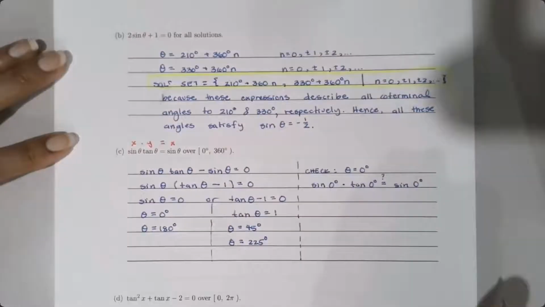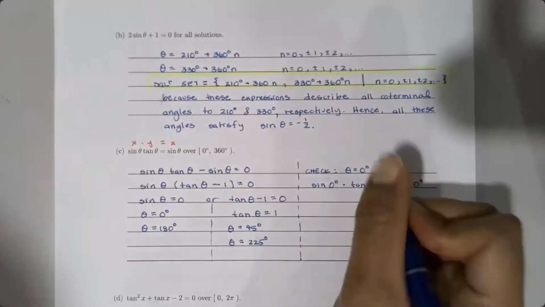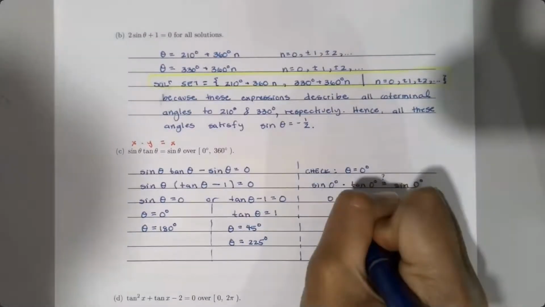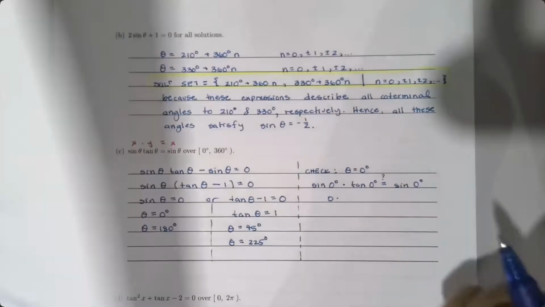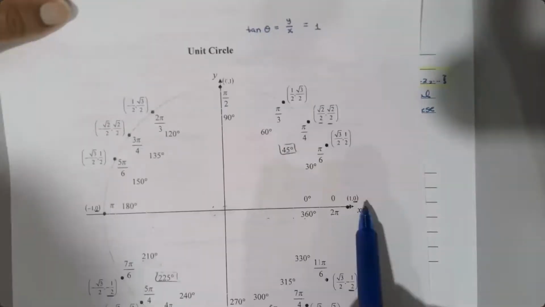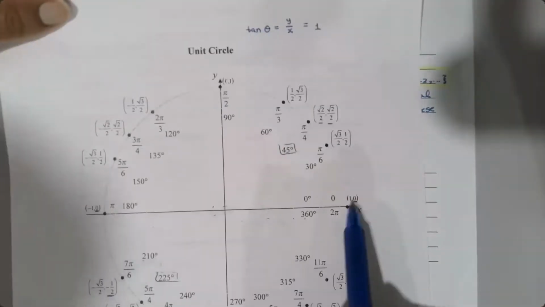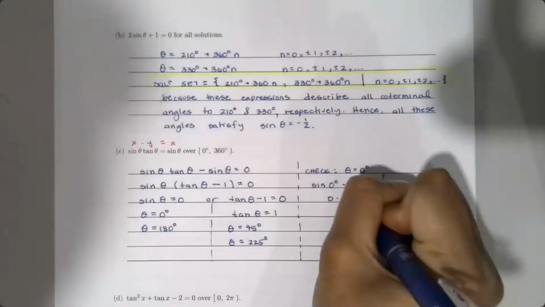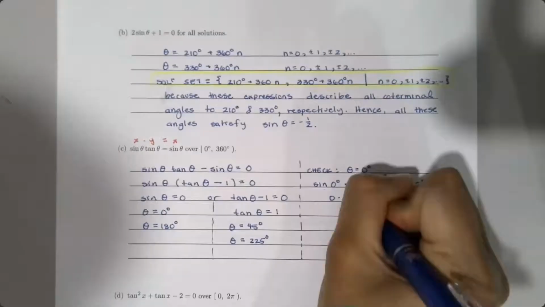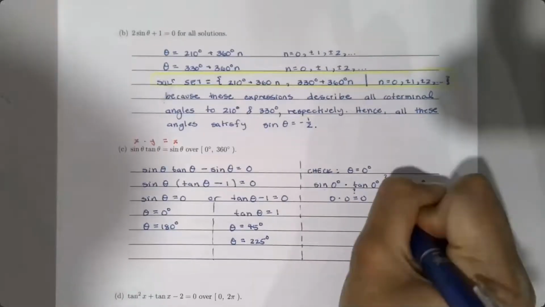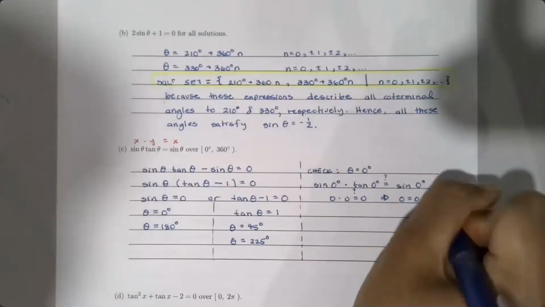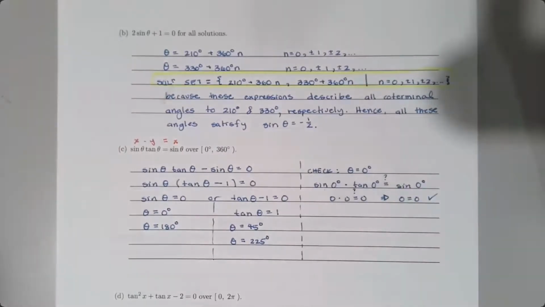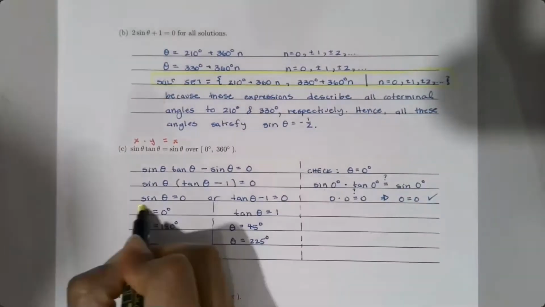Well, sine of 0 degrees is 0. Tangent of 0 degrees, so here's 0. Tangent would be y over x, or 0 over 1. 0 over 1 is also 0. So is it true that 0 times 0 equals 0? Well, yes. 0 does equal 0. That means that this answer is correct.